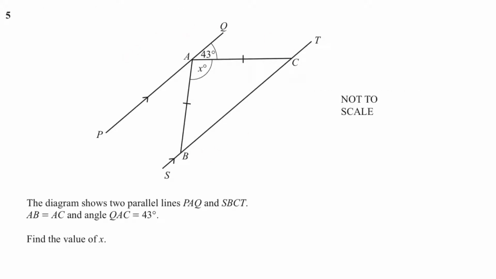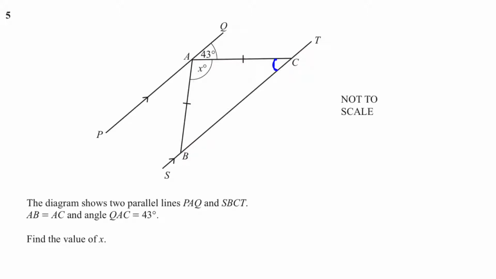We have been given a diagram here, and the diagram shows two parallel lines, PAQ and SBCT. So these are the two parallel lines. AP is equal to AC and angle QAC is equal to 43. Find the value of x. The first thing you will notice is that because they are parallel lines, angle QAC will equal angle ACB.